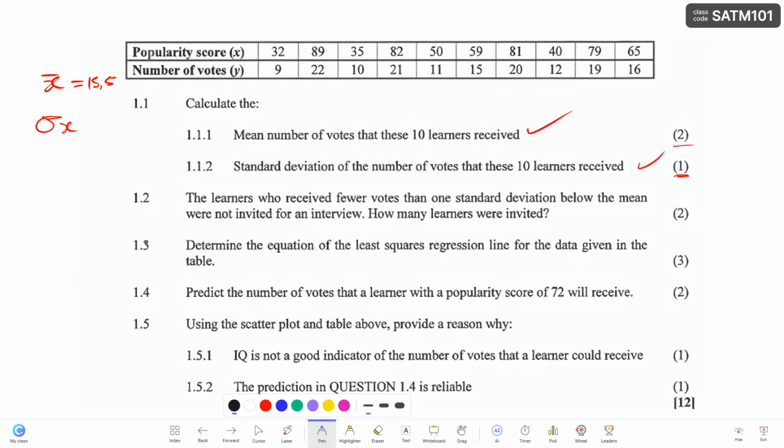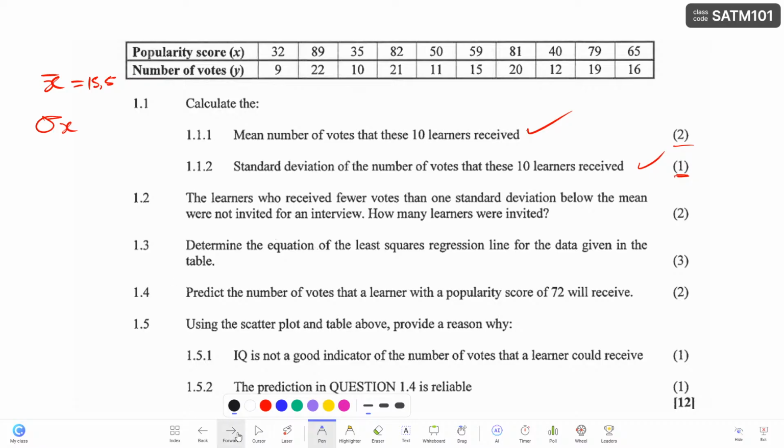So, okay, 1.3, they said determine the equation of the least squares regression line for the data given in the table. In order to determine the equation of a regression line, you need to use your calculator.